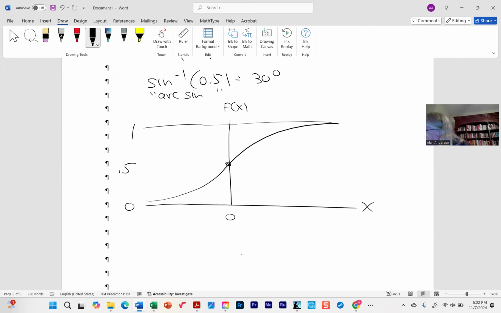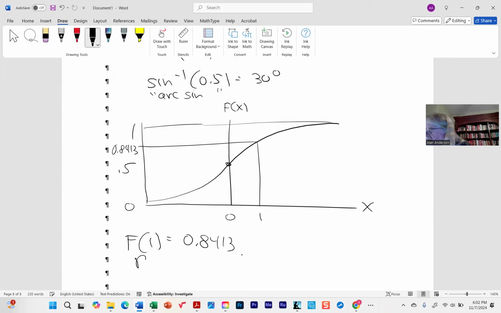We know that F of 1 is 0.8413, meaning the probability that x is less than or equal to 1 is 0.8413.